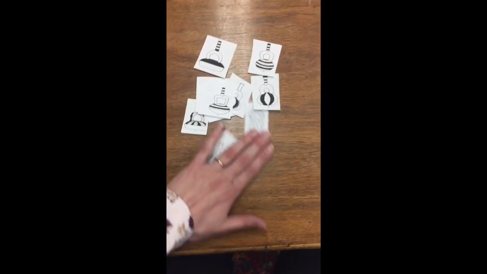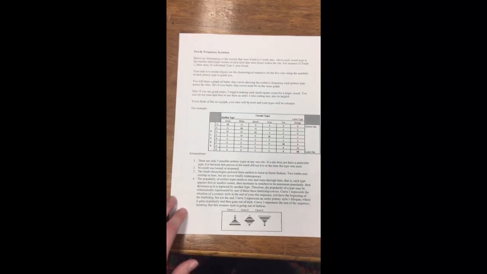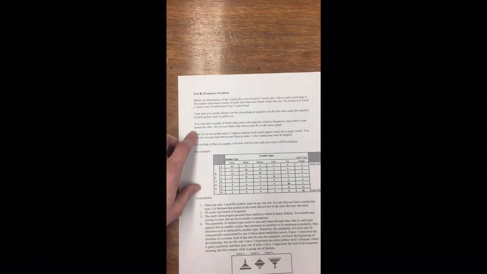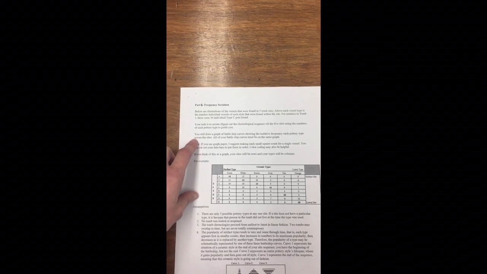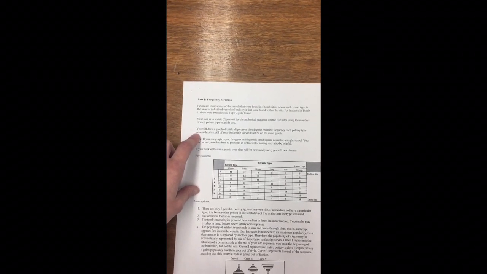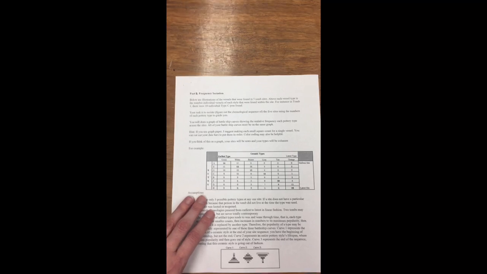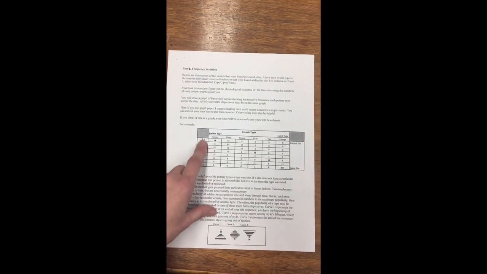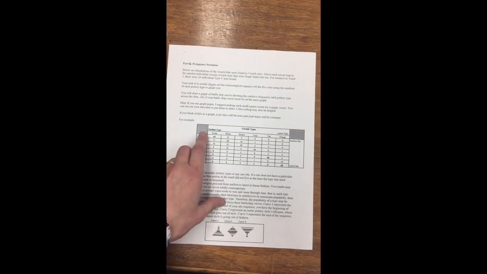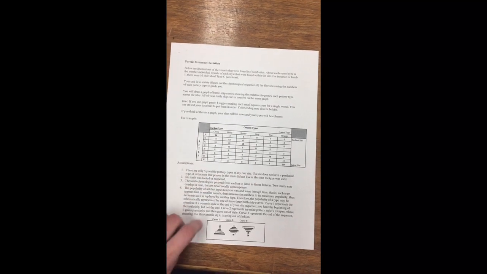My other suggestion is for part 2. So it asks you to make a graph of battleship curves showing the relative frequency of each pottery type across the site. All of your battleship curves must be on the same graph. So these are just examples showing you kind of one of the ways that you can process your data.